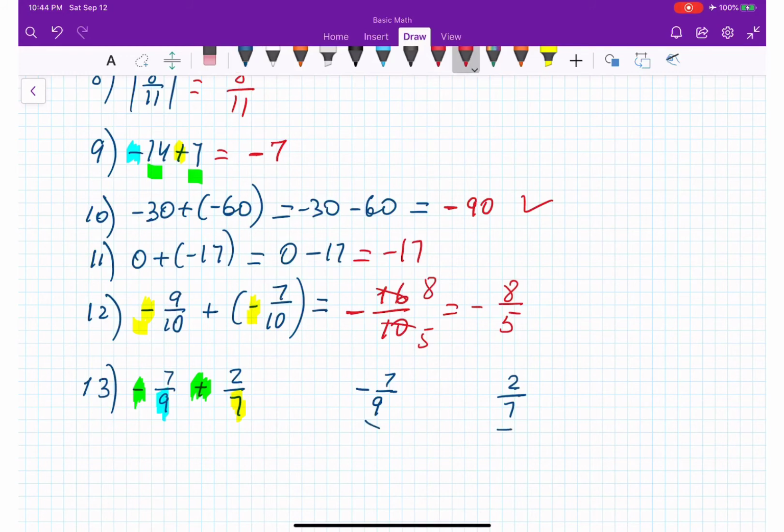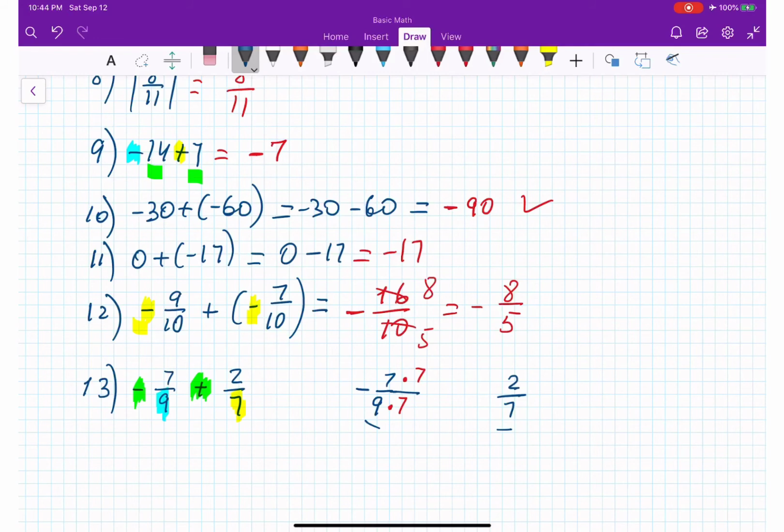Let me see. 9 I have to multiply by 7, which means whatever change I do to denominator, I will do to numerator. Oops, I'm sorry. That's why I made a mistake. I was thinking that maybe I will put that video at the end of this video, how to bring to common denominator, so you can watch it and see.